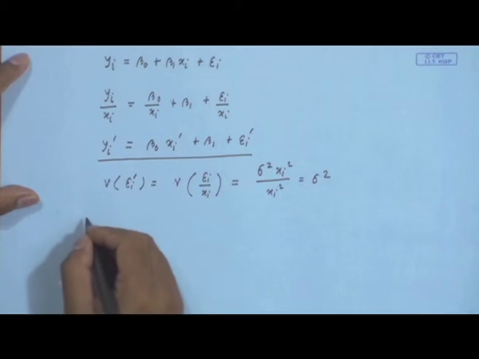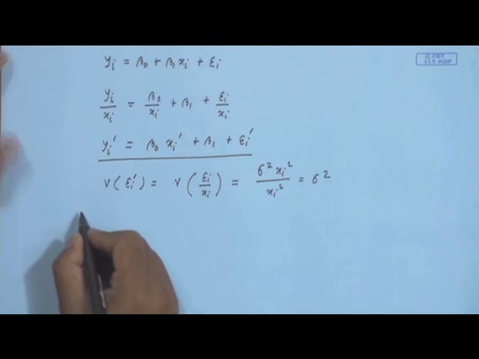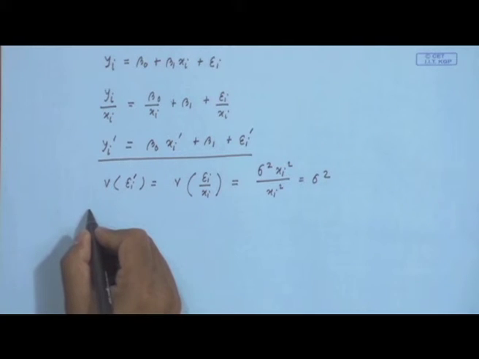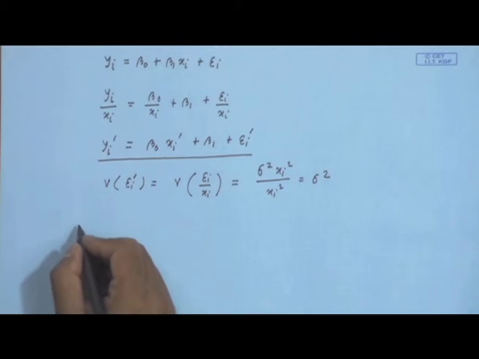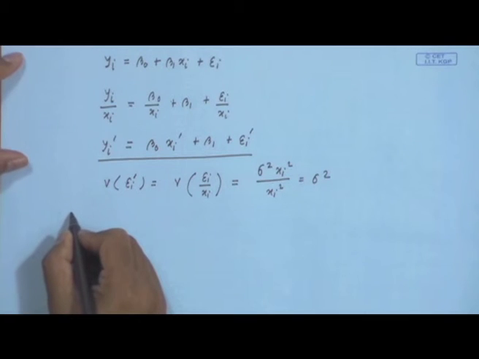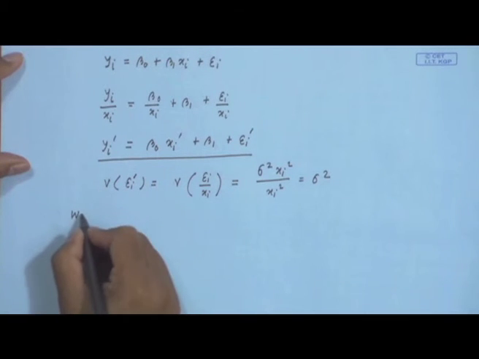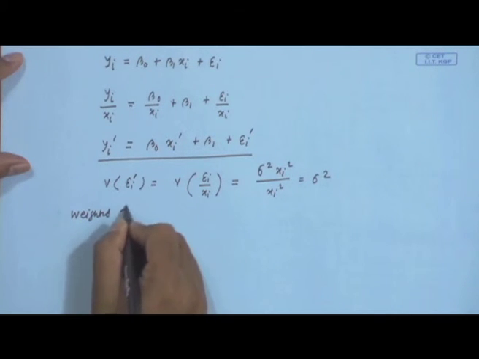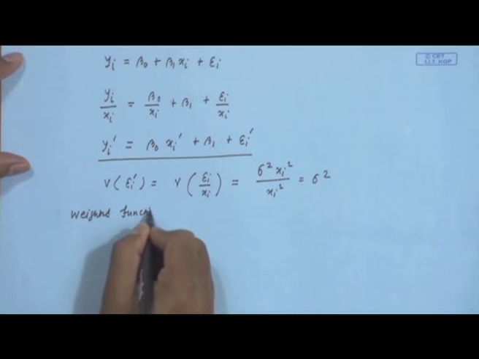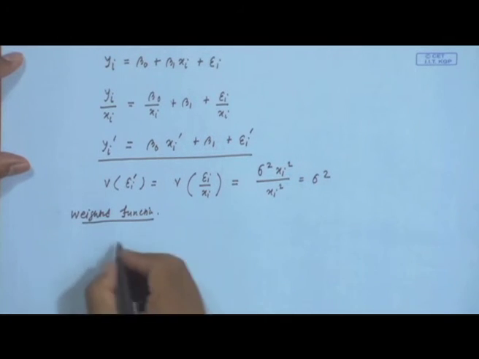So, what is weighted least square? Weighted least square is about finding the least square estimate of regression coefficients, but we consider the weighted least square function to estimate the parameters.